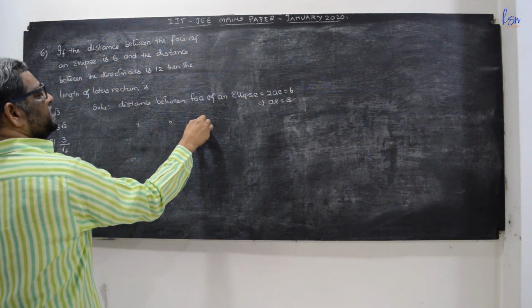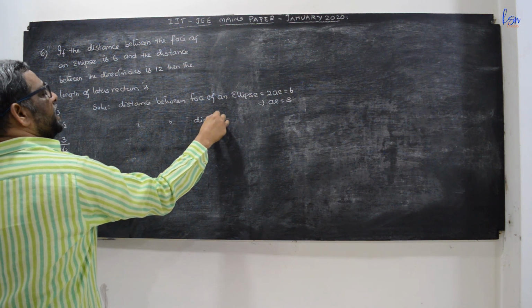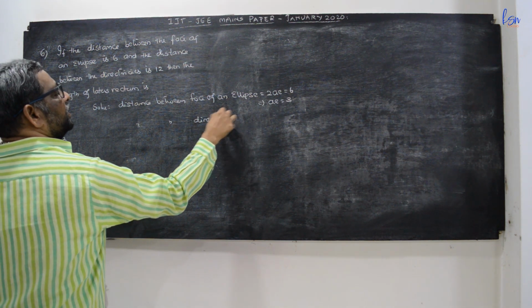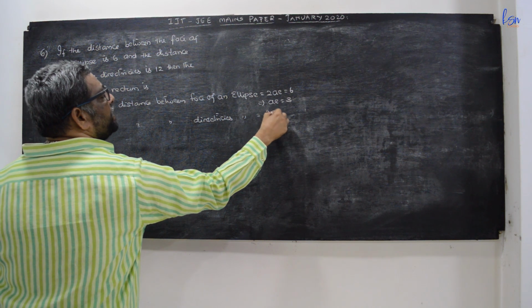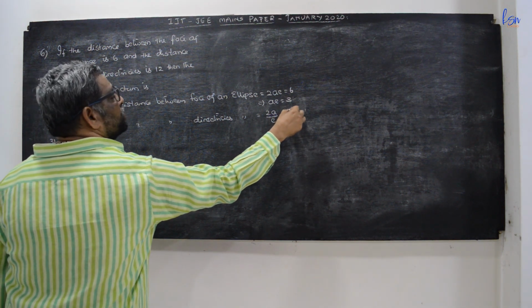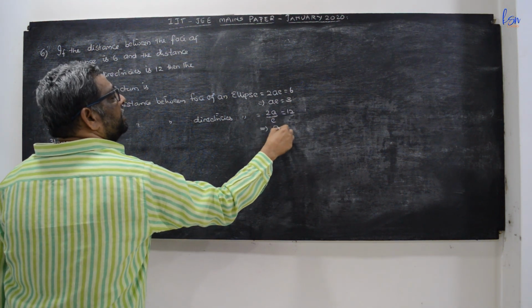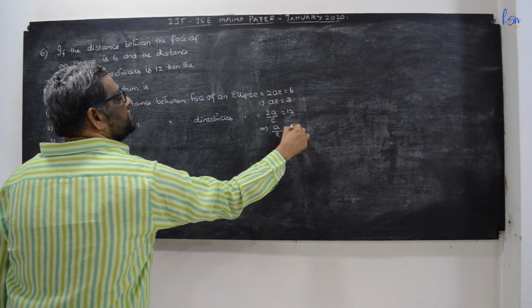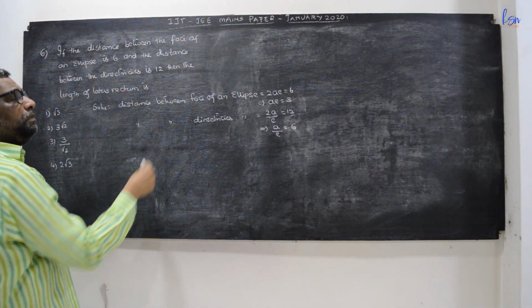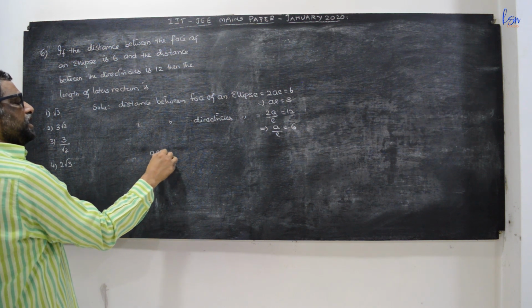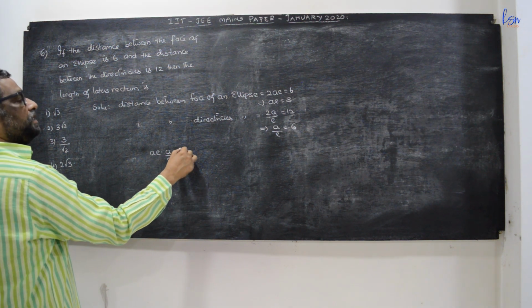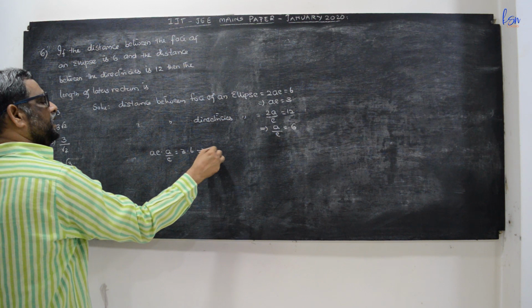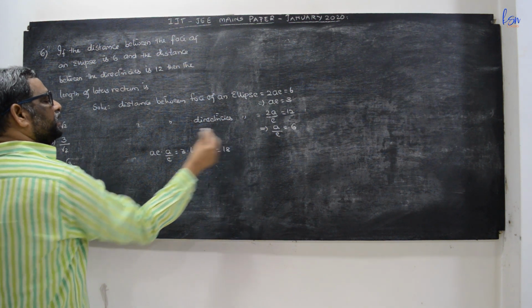Distance between the directrices of an ellipse is equal to 2A by E, which is equal to 12, implies A by E is equal to 6. Now multiplying those two, AE into A by E is equal to 3 into 6, implies A square equal to 18.